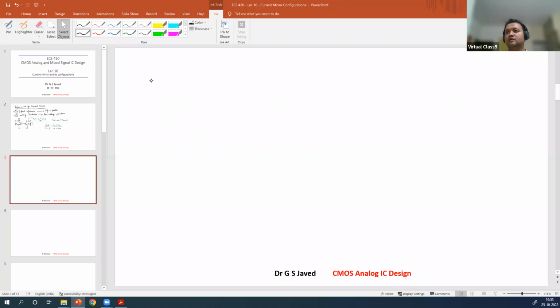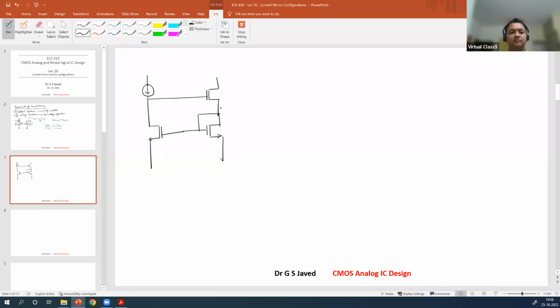How does that look? This is your reference current. Instead of having the diode connection here, you move the diode connection to the other side. Once you have a diode connection, you add another device here. You add the device to this point, connect it here.